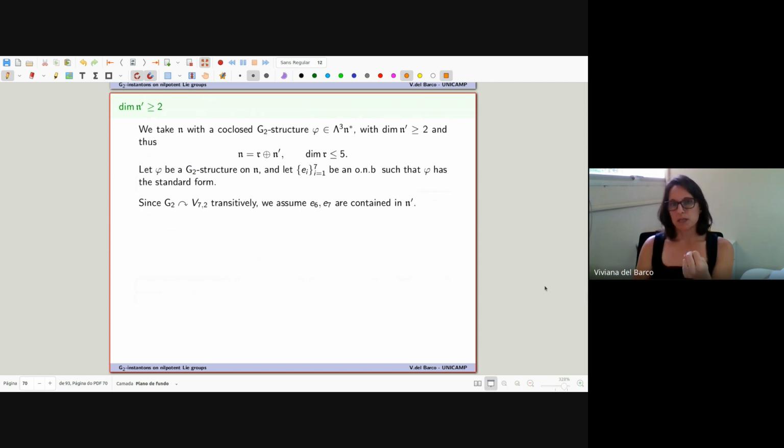Actually, it solves some problems. G2 acts transitively on the Stiefel manifold, or let's say on pairs of orthonormal vectors in R7.